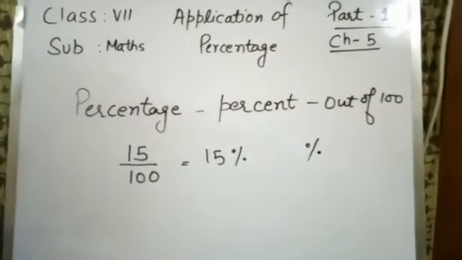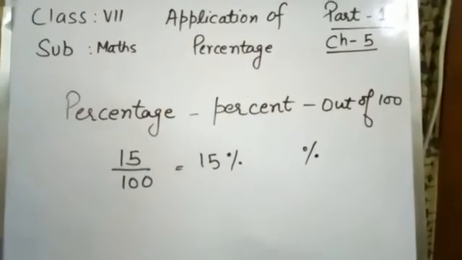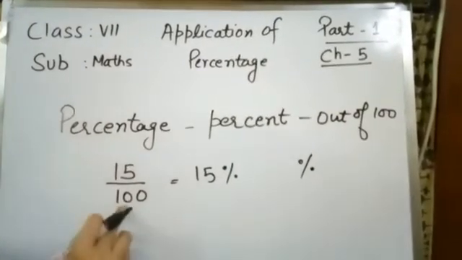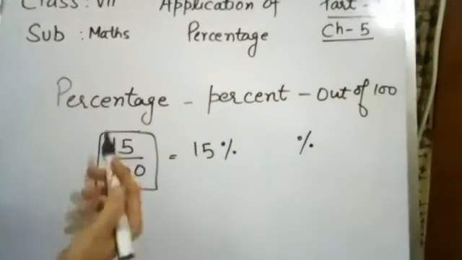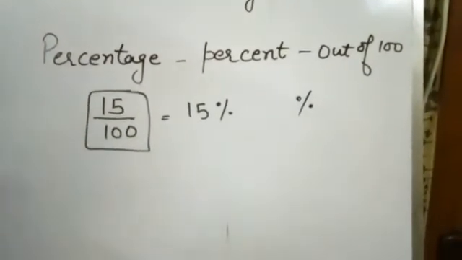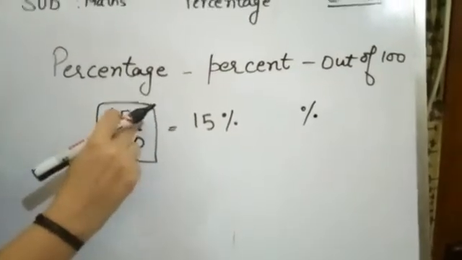Whenever you use percentage, the whole is considered to be made up of 100 equal parts. Like this fraction 15 upon 100: I am taking 100 as a whole, because the thing which you are taking as a whole has been divided into 100 equal parts and you are taking 15 out of them.